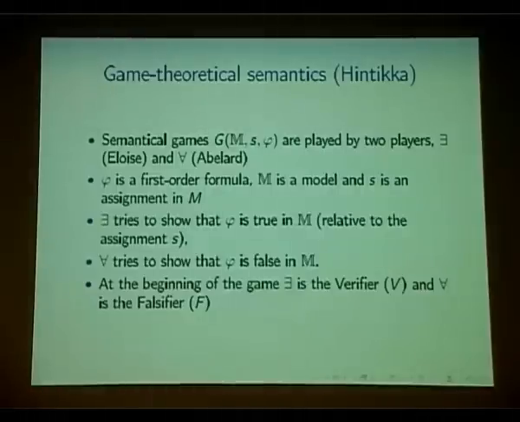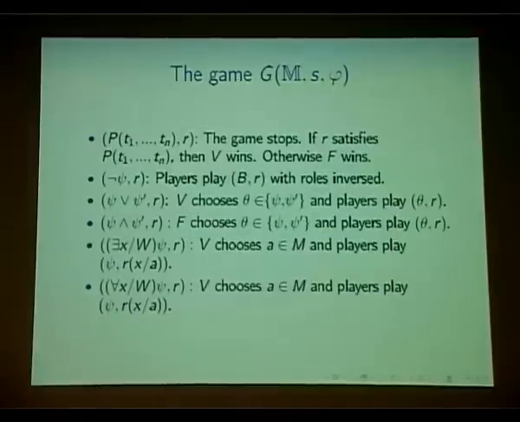The players move sequentially in the game until they reach an atomic formula, when the game stops. When the atomic formula and the corresponding assignment, which extends the initial assignment, verify the formula in the model, then the player who is the falsifier at the time wins.